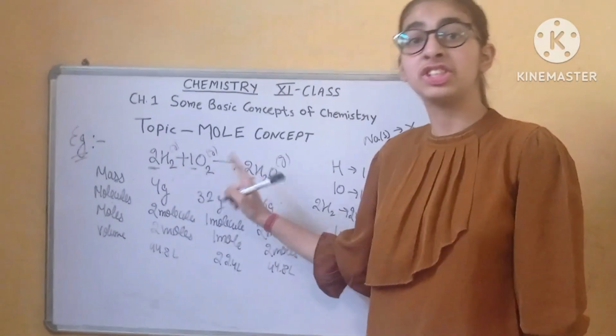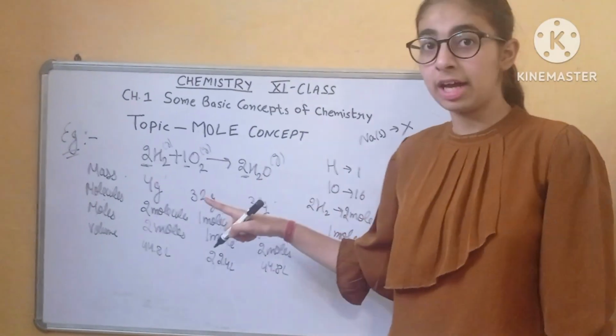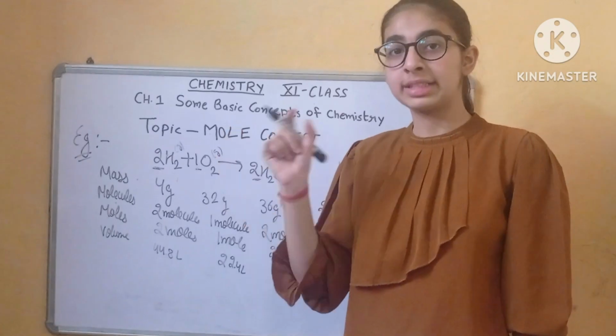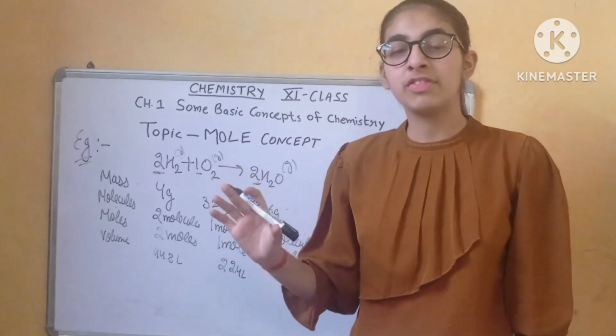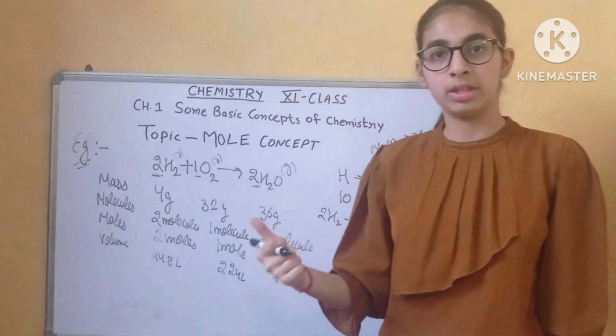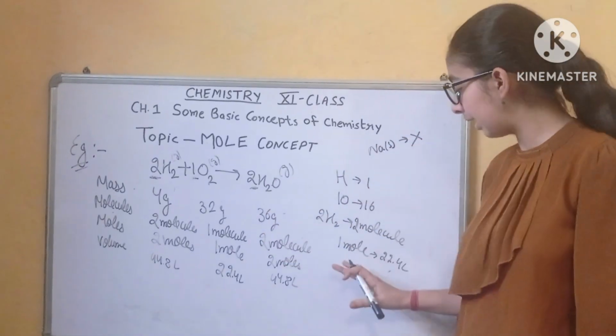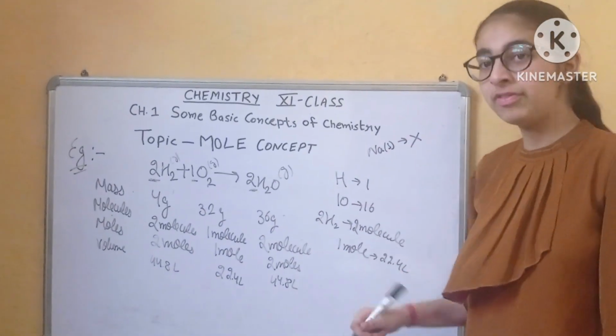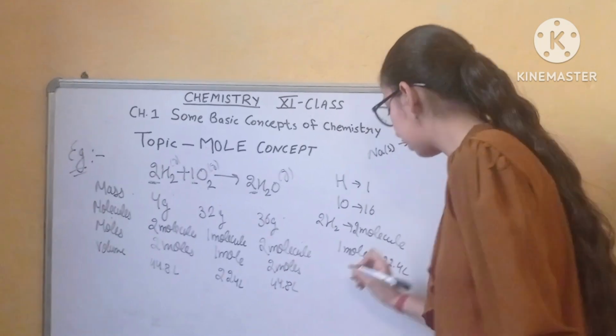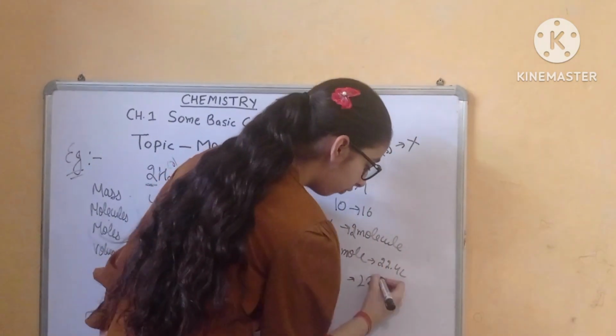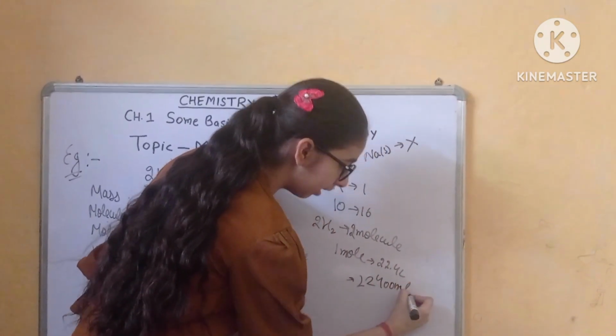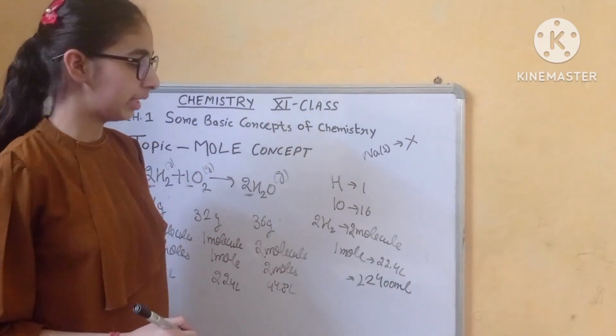Volume is always of gaseous atoms. So before this I wrote 1 mole of gaseous. That gaseous is important. In solid we can't write volume. Only gaseous has volume, right? That is 22.4 liter. If you are writing in ml, that is 22,400 ml, right? So please see that.